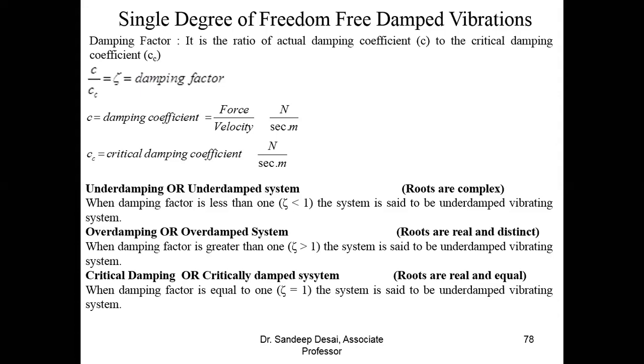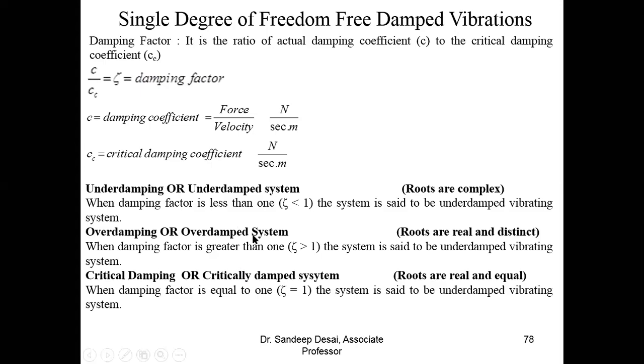Depending upon that, the vibrations are called underdamped vibrations, overdamped vibrations or critically damped vibrations. Damped free vibrations can be of three types: underdamped, overdamped and critically damped. When it is called underdamped, critically damped or overdamped is clear in this particular slide.